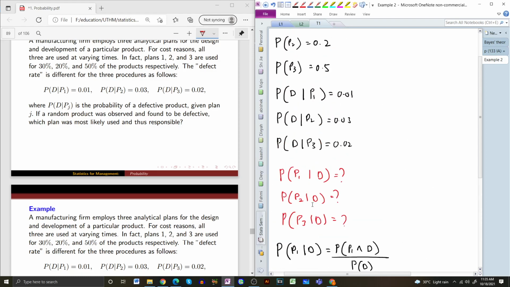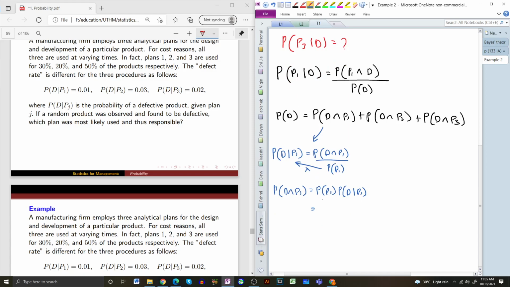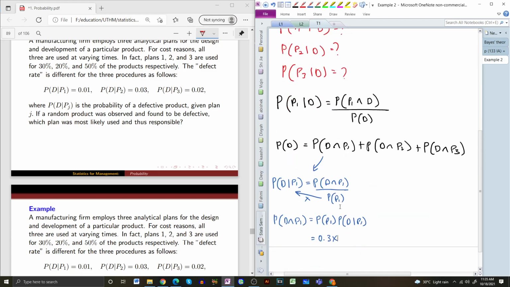PP1 is 0.3, and DP1 is 0.01. If you find this one, you will get 0.003.